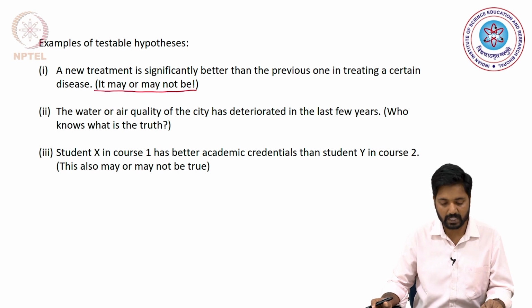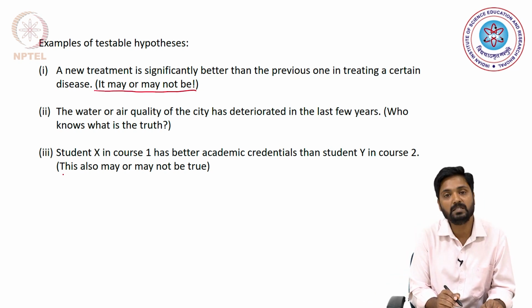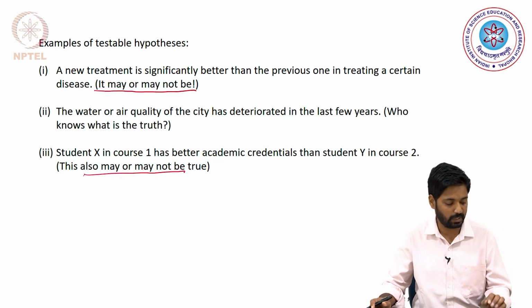Another example of the same concept is, let us take a student X who is enrolled in course 1, and we want to test whether the student X has better academic credentials than the student Y who is enrolled in a different course which we call course 2. So, again the fact that student X is having better academic credentials than student Y may or may not be true, and this again becomes a testable hypothesis.